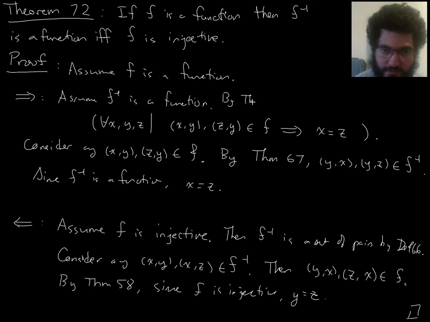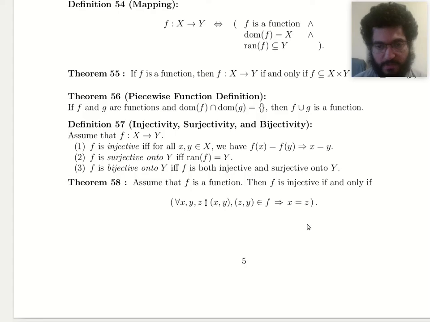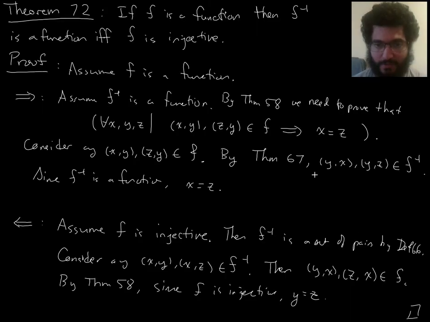By theorem 58, we need to prove that this, and then that's what we did. So it was because of theorem 58 that proving this proved what we actually wanted, which was that f is injective. So you see this is using the fact that theorem 58 is an if and only if. We used one direction of theorem 58 and then another direction of theorem 58.